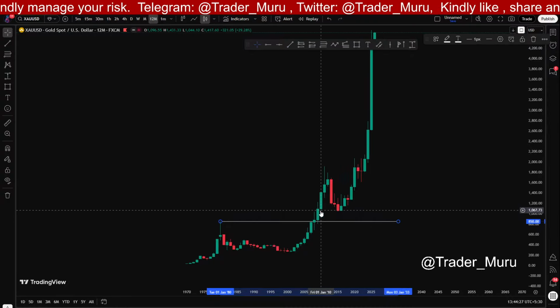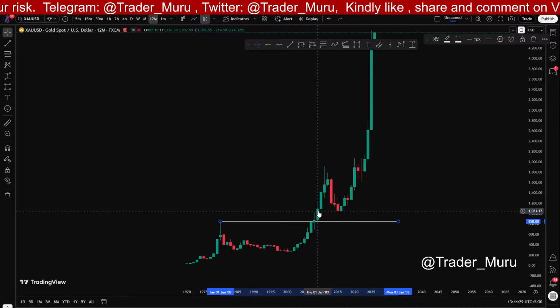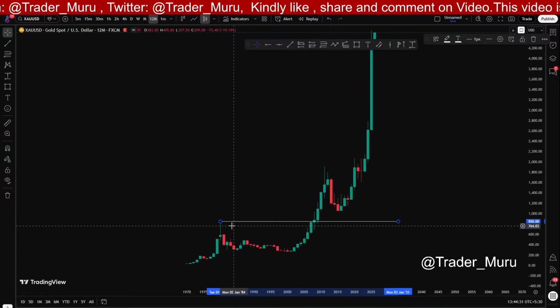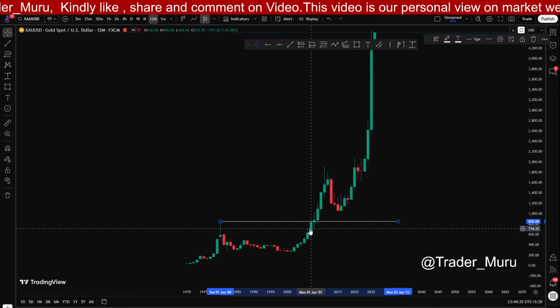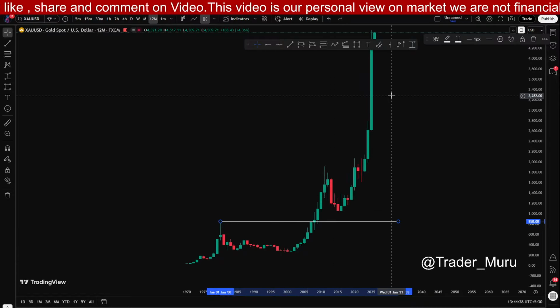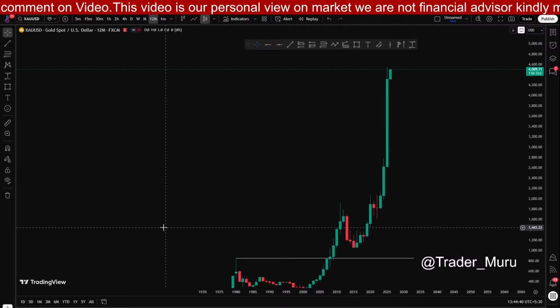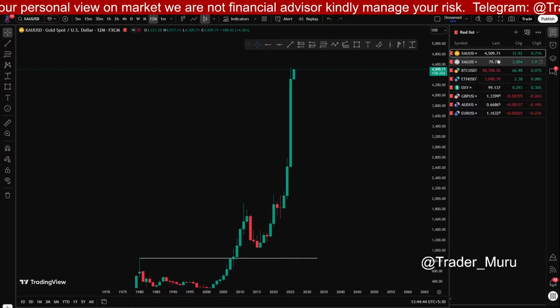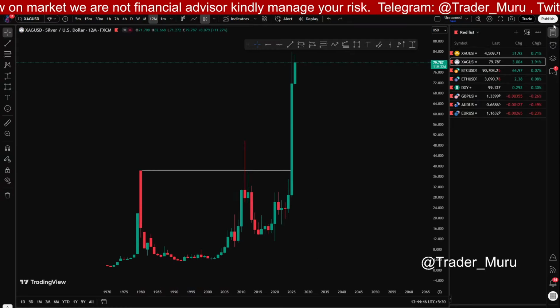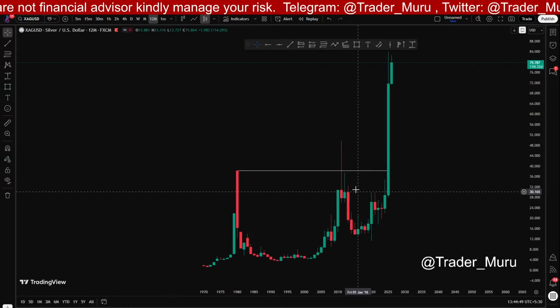Silver is right now here. This is the 1980s price, and after that once price breaks it, this is the high. 40 years to create a cup. I don't do this much, but this is a bullish breakout.